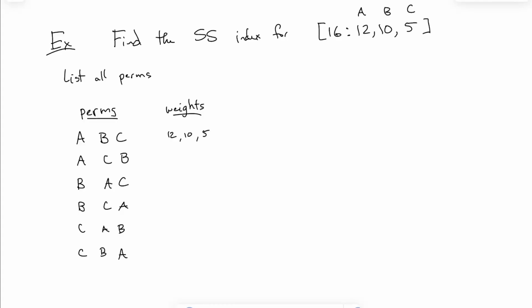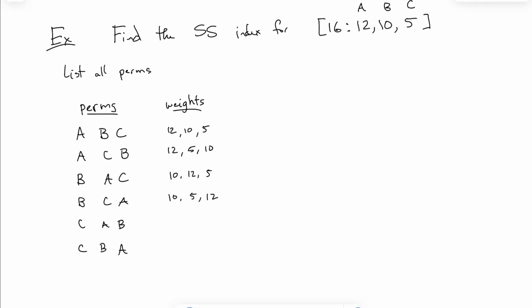Because my intention eventually is to be adding these numbers up. ACB is 12, 5, and 10. BAC would be 10, 12, 5. BCA would be 10, 5, 12. Not really doing much here, just writing stuff. 5, 10, 12.